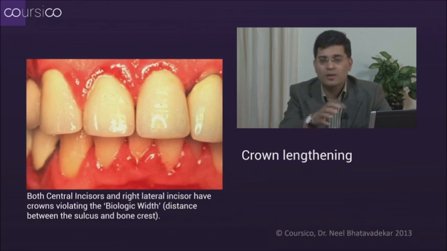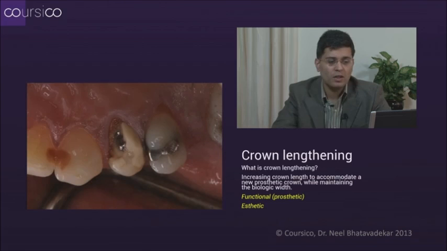Biological width in simple terms is nothing more than the distance between the gingival margin and the bone height. In crown lengthening, what we essentially do is increase this distance between the margin of the existing gingiva and the existing bone margin so as to accommodate a new crown.